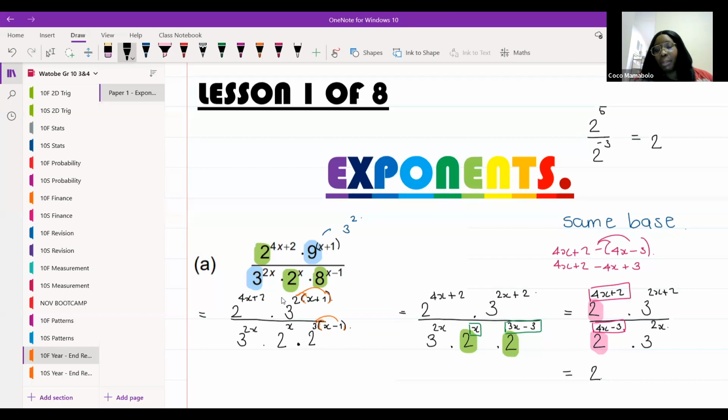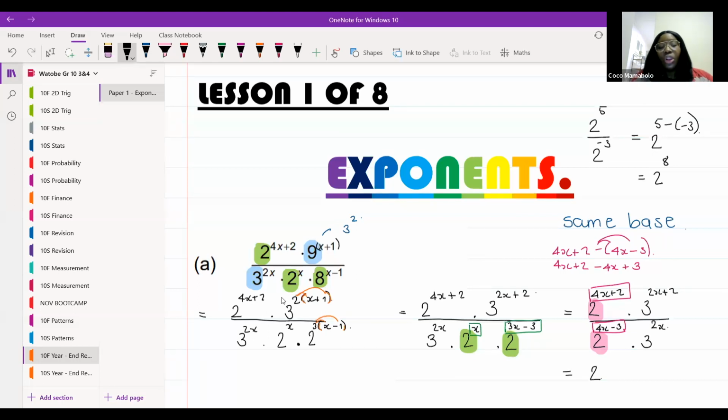We're going to get 2 to the power of 5 minus negative 3. Am I making sense? And that minus and negative is going to give us 2 to the power of 5 plus 3, which is 8. Give me a thumbs up if that makes sense. Are you guys with me?